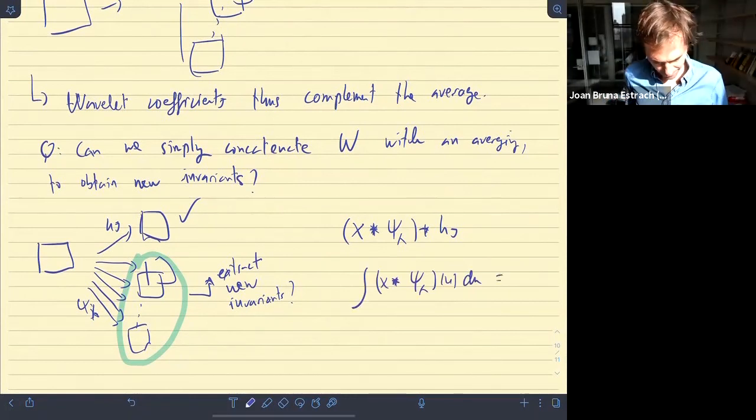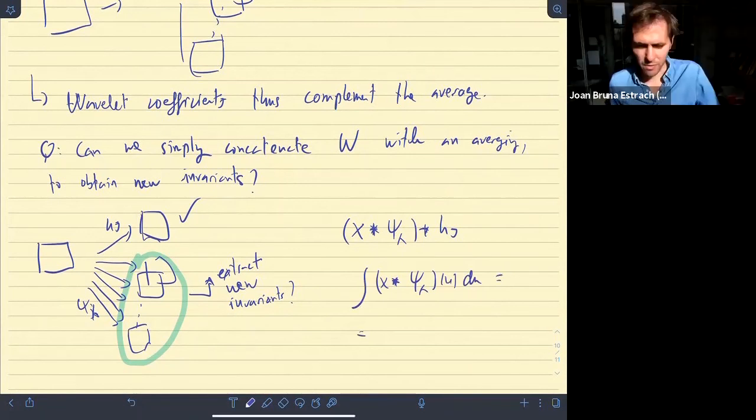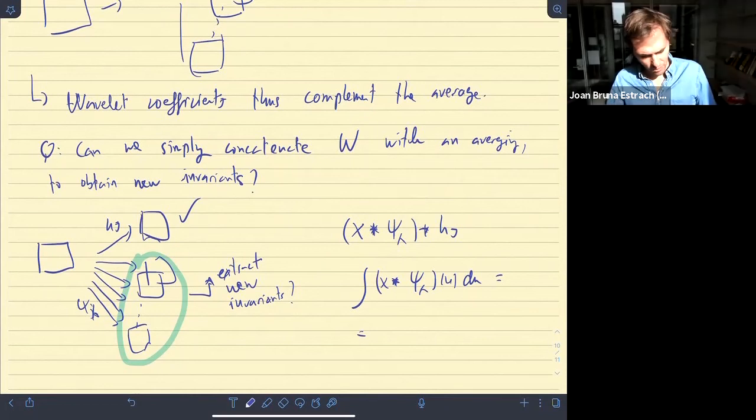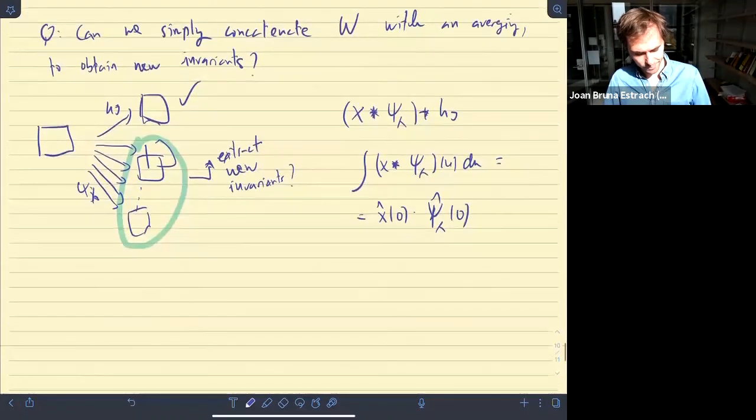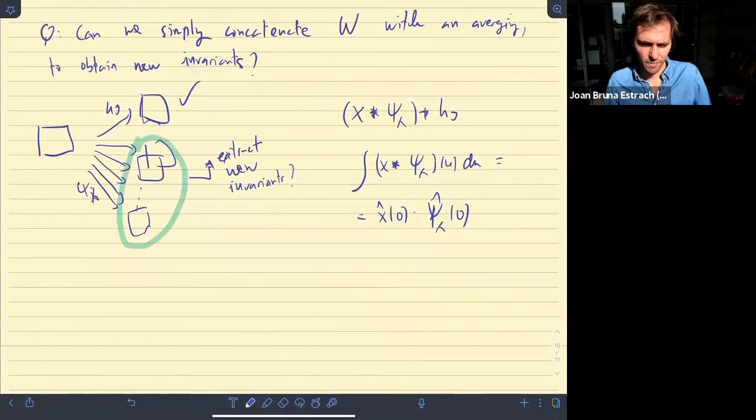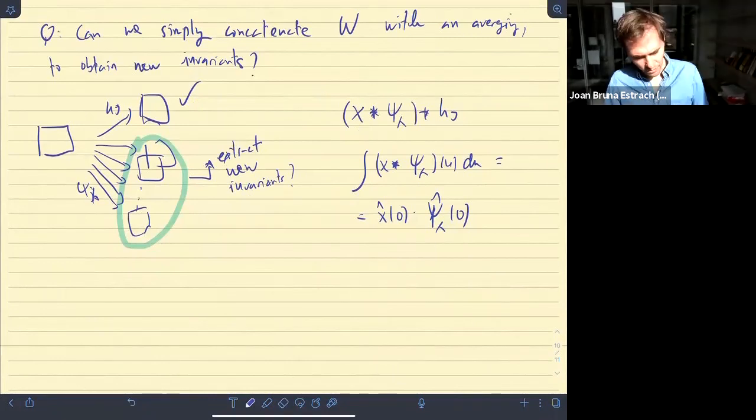Remember from the Fourier characterization, this is just the Fourier transform of this convolution evaluated at 0. So this is just the average of the signal times the Fourier transform of the wavelet at 0.